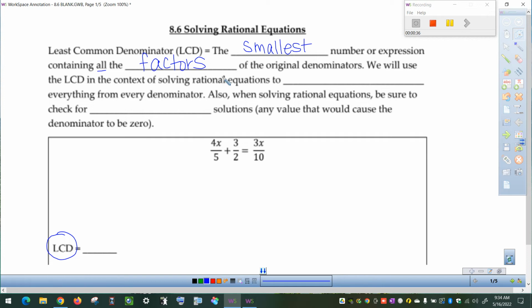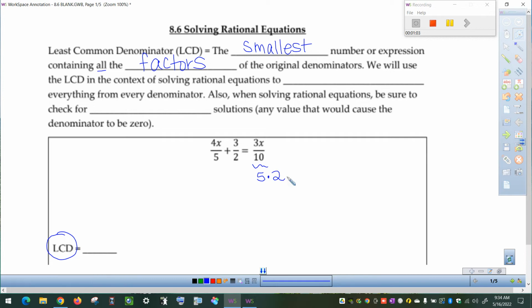All right, so let's pause here and see what it would look like to find the least common denominator in the context of our first problem. If we take a look at our denominators, we see that we have a 5 and a 2 on the left-hand side. We could factor the 10 into 5 times 2 on the right-hand side.